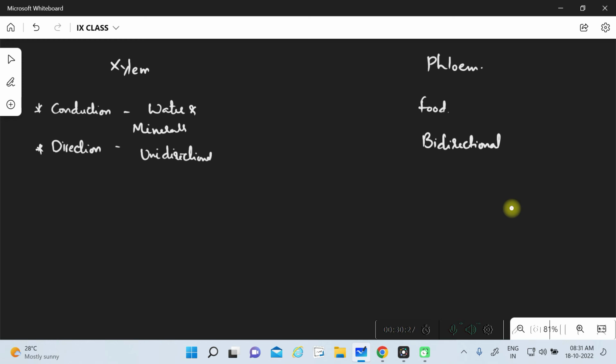Now coming to the channels present in them. The conducting channels in the xylem are tracheids and vessels, whereas in the phloem the channels are sieve tubes.